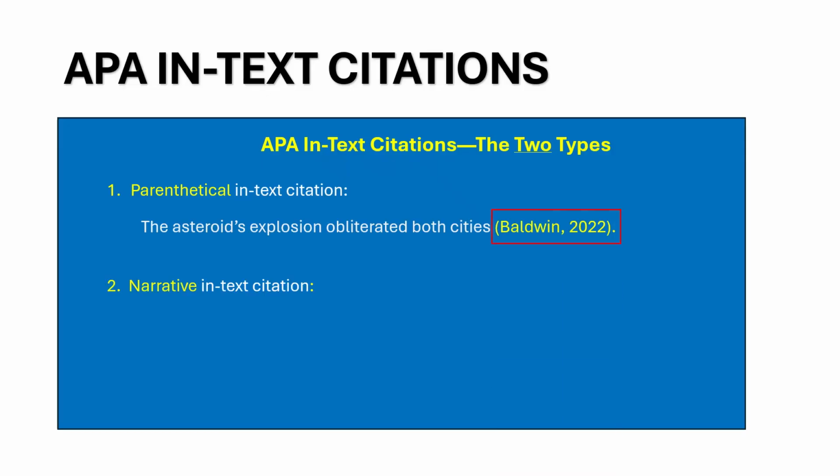In the narrative in-text citation, the author's last name, or maybe even something about the author, are part of the sentence. So the only information within parentheses is the date of publication. Remember, regardless of the type of citation that you use, both types refer to a reference citation on the last page of the paper.